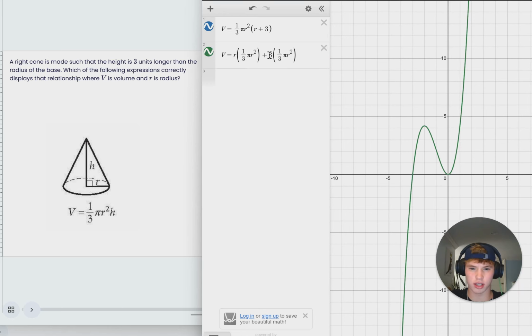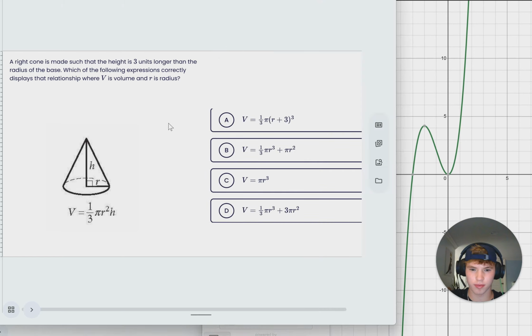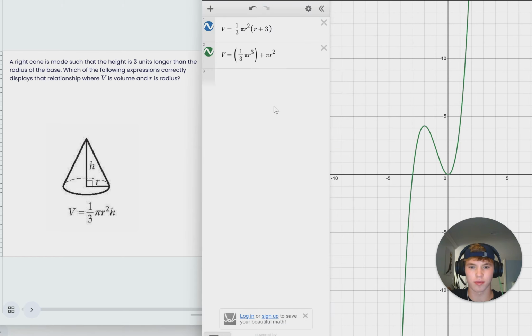And I'm instantly seeing that this 3 and 1/3 cancel out. And I'm seeing that this r will distribute here to become r cubed. And after that, I can't simplify this anymore.